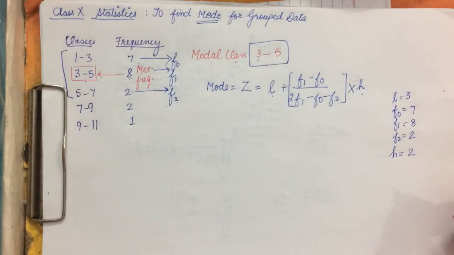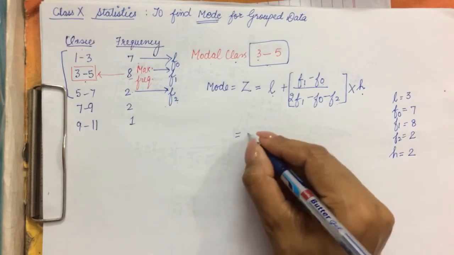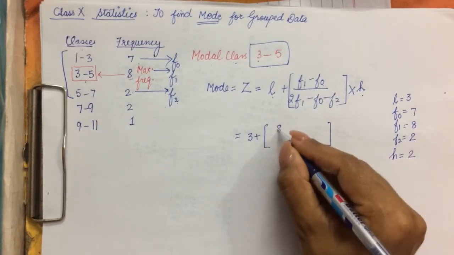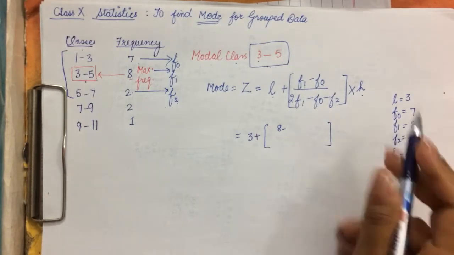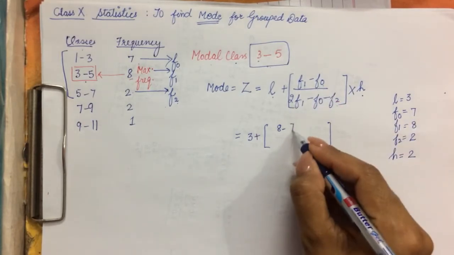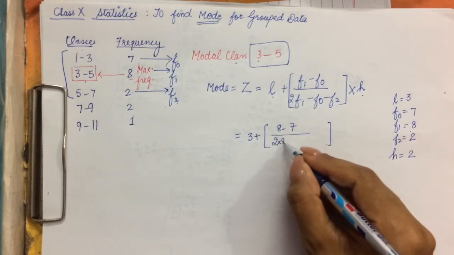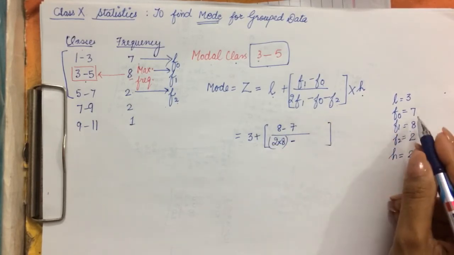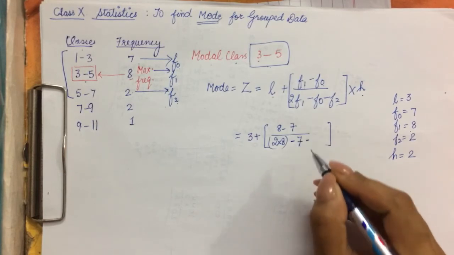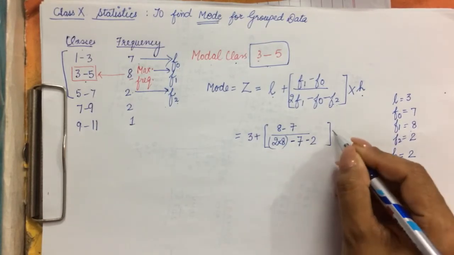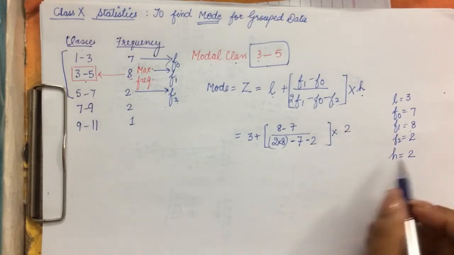Now let's substitute. 3 plus, using the values here, be very careful. F1 is 8, F0 is 7. In the denominator, 2 times F1, 8, minus F0, which is 7, minus F2, which is 2, multiplied with the class size, which is 2.